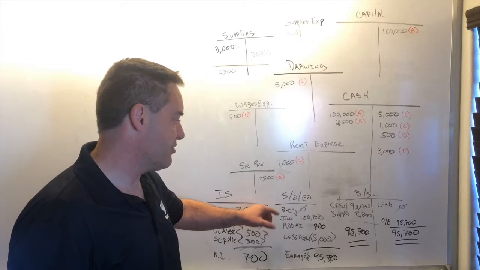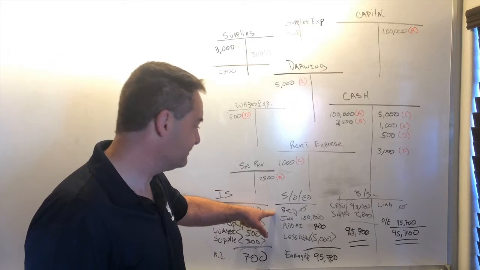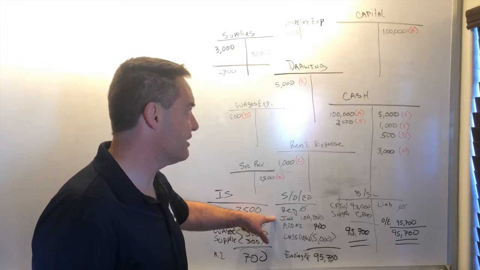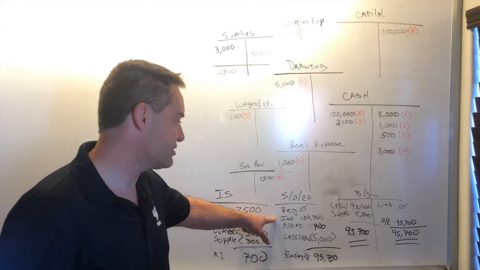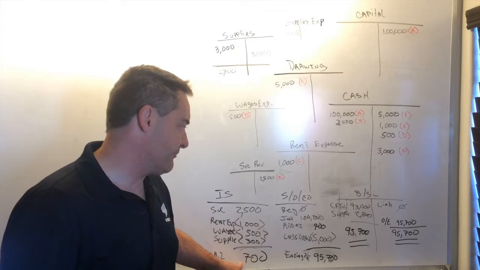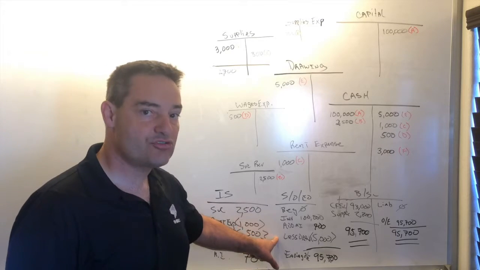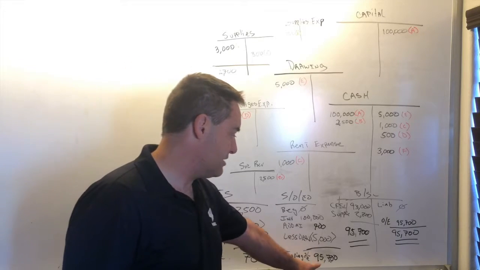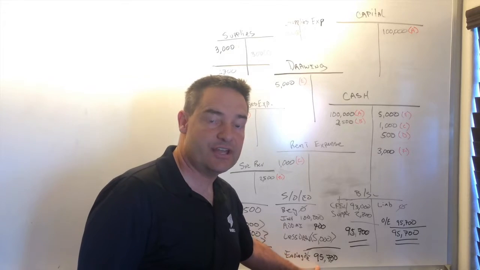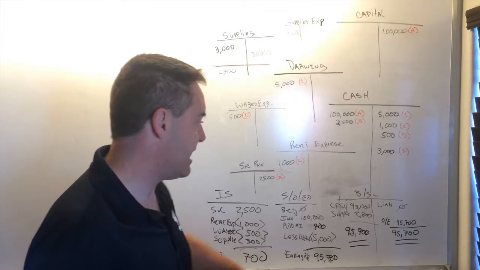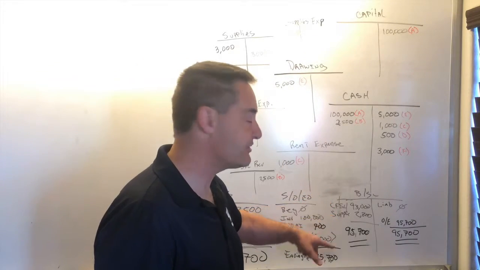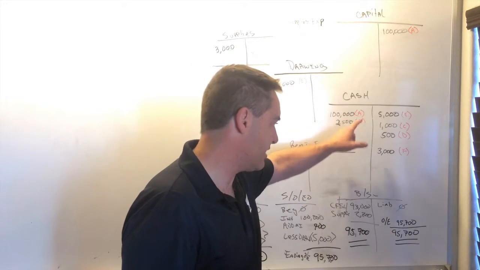Then I created my statement of owner's equity. Beginning owner's equity is 0, plus the additional investment of $100,000 of cash, plus the net income that came from the income statement, less the drawing. That gives me ending owner's equity of $95,700. After that, I did my balance sheet. There are only 2 assets on the balance sheet. Cash is $93,000.